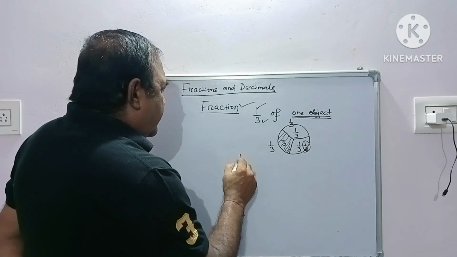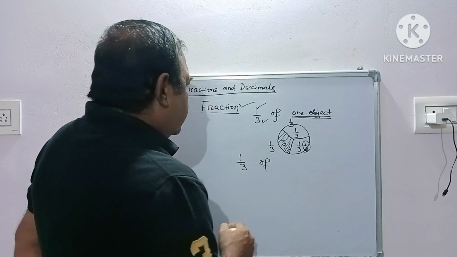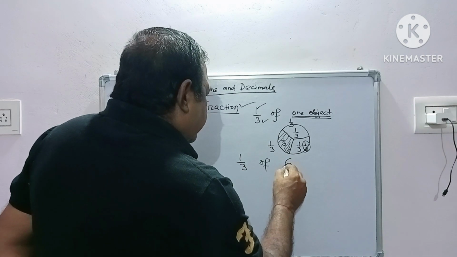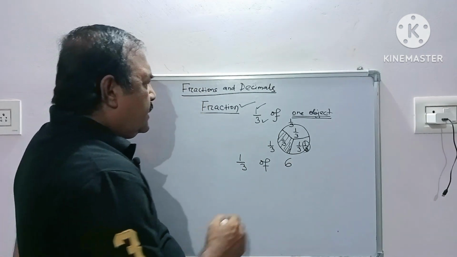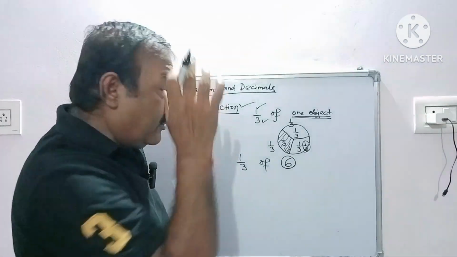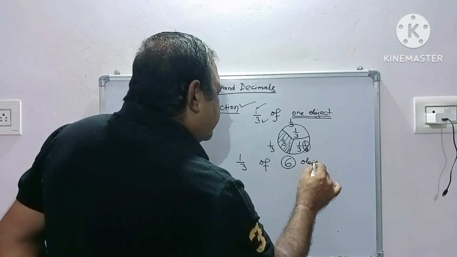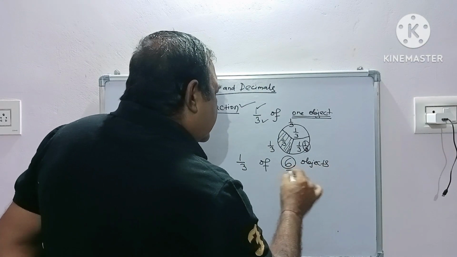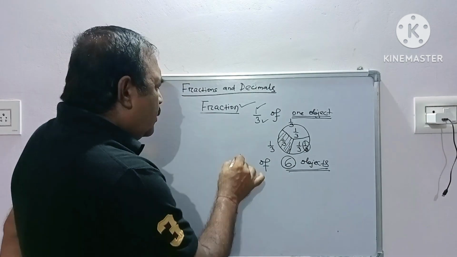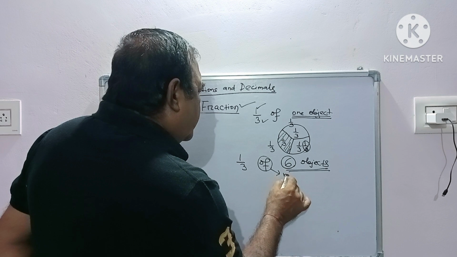But if I write 1/3 of 6, this is not one object, but it behaves as a single unit. How? Suppose there are 6 objects. So 1/3 of 6 objects. Of means multiplication. Already you know it.